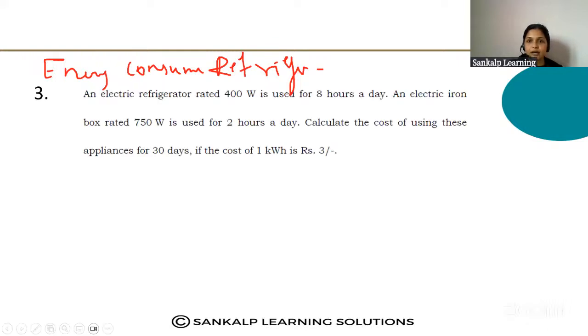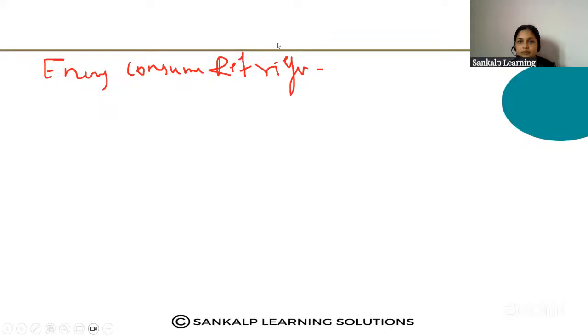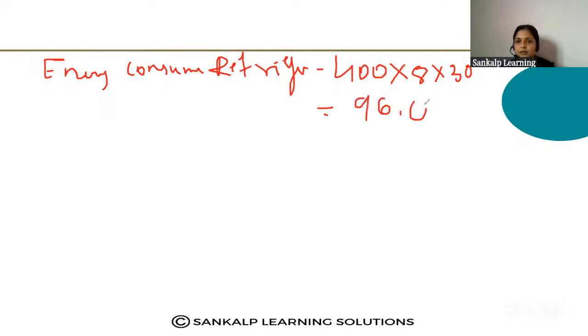That is 400 watt, for 8 hours in a day. How many days? Total 30 days it is used, right? So you have to multiply this. Calculate the answer. 400 into 8 into 30 is equal to 96,000 watt hour, right?